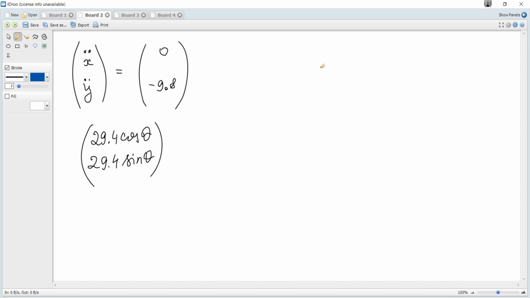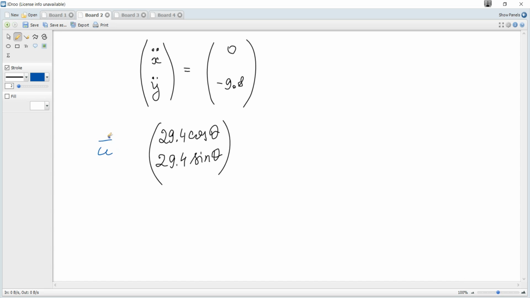So the initial velocity in meters per second of the T-shot is given as 29.4 cosine theta for its horizontal component, and the vertical component of the initial velocity is 29.4 sine theta, where theta is the angle to the ground at which the T-shot is launched, and theta is greater than 0 and less than 90 degrees.